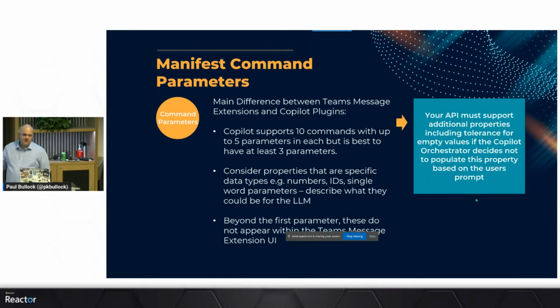Also include tolerance, because the LLM may not choose to populate a parameter, so handle that carefully. When the orchestrator looks at your plugin and sees the prompt has mentioned an ID, it'll use that. I'll show you an example of what that looks like in a minute.